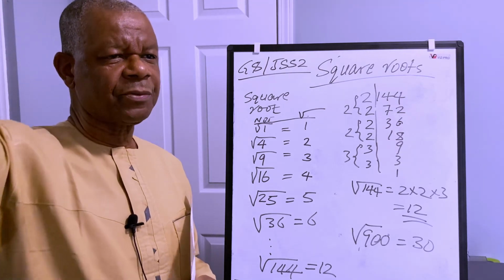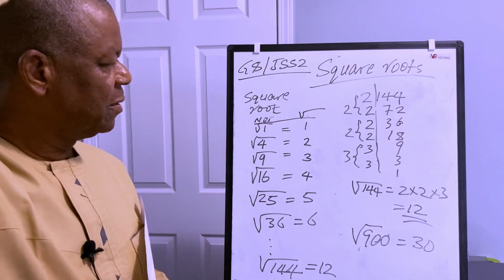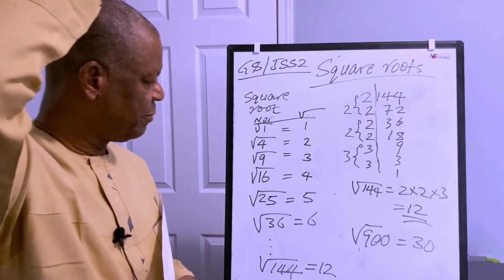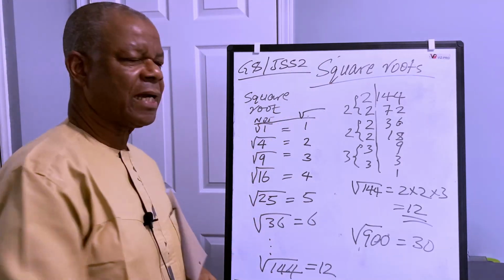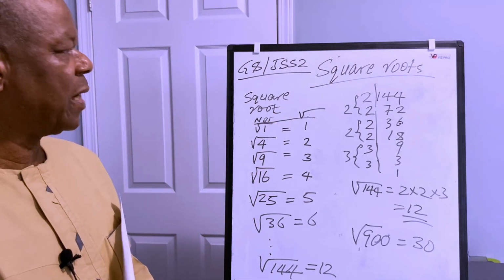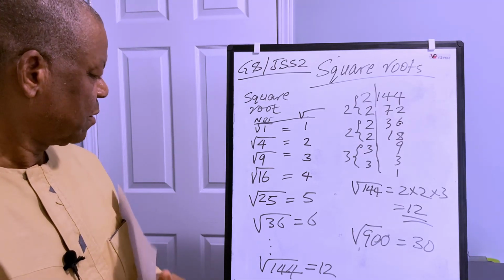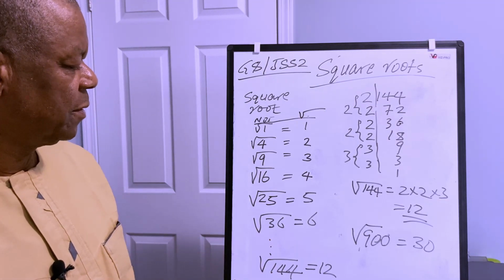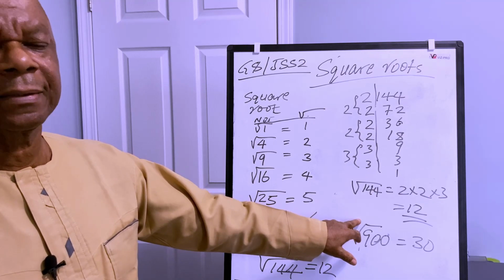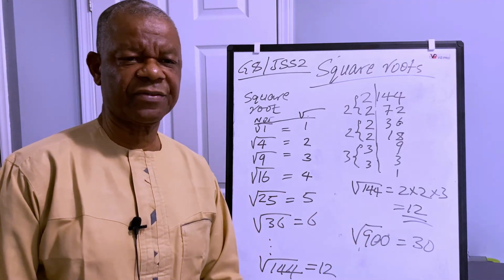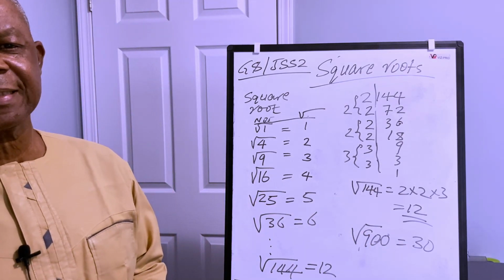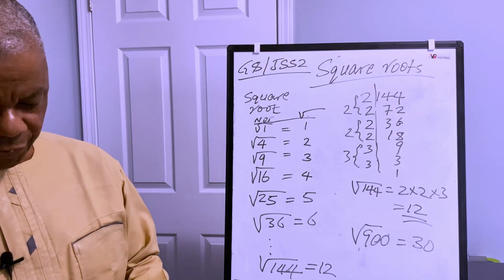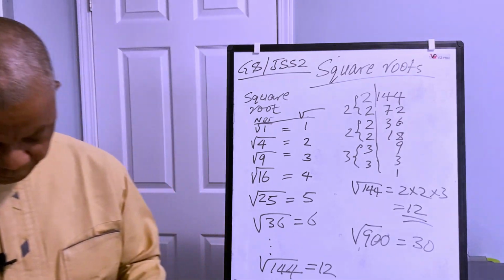Use the more reliable calculator, which is the one in your head. Follow this and solve our square root. Continue from where we stop up to here, 900, which has given us 30, because 30 times 30 will give us 900.